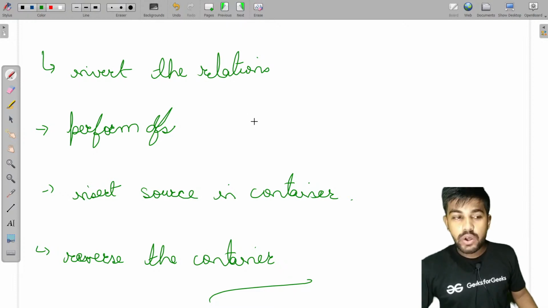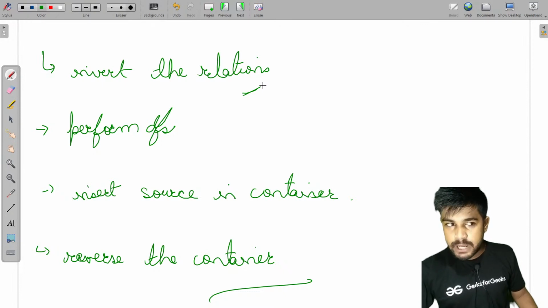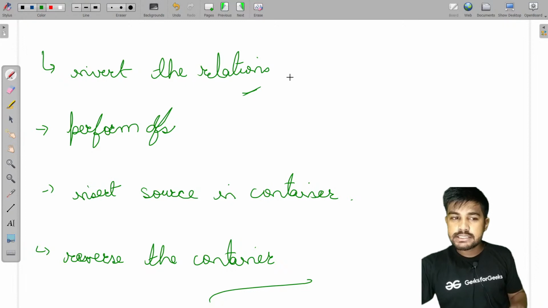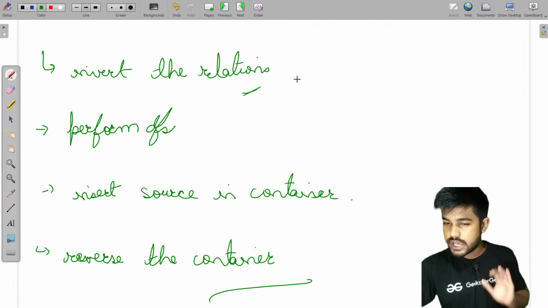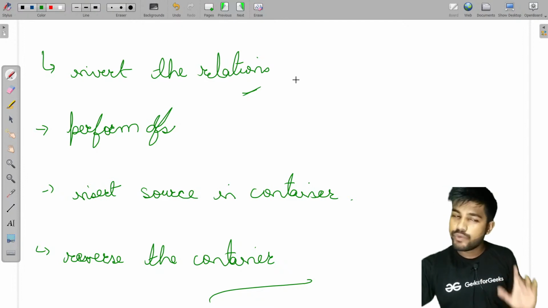Okay. Now, what do you mean by invert the relations? I am making notes for you. Just understand this, and I would tell you when to take a screenshot. Take a screenshot and keep it, and revise it when needed.